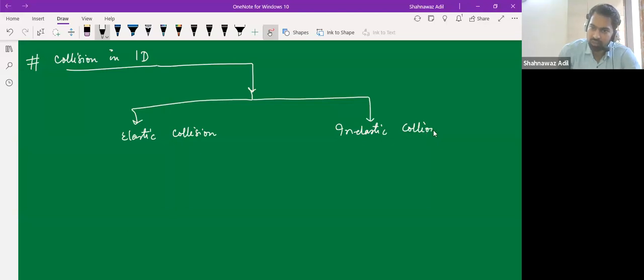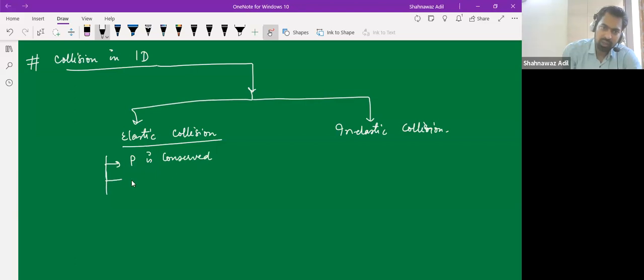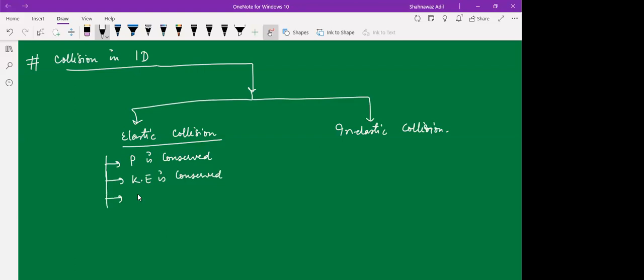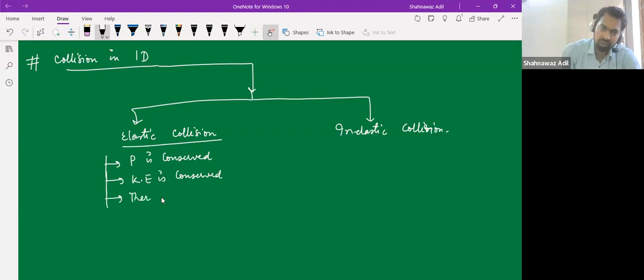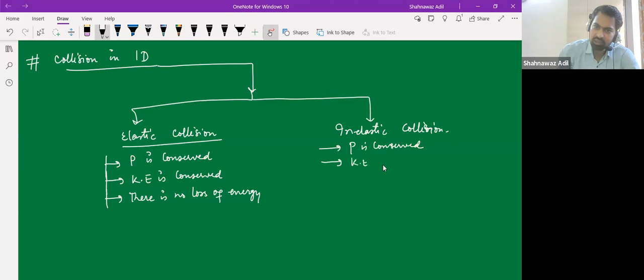In elastic collision, momentum is conserved and kinetic energy is also conserved, so there is no loss of energy. In inelastic collision, momentum is also conserved, but kinetic energy is not conserved.